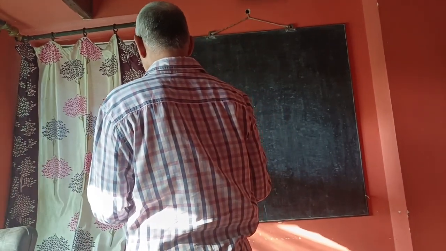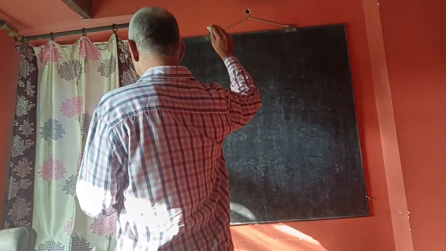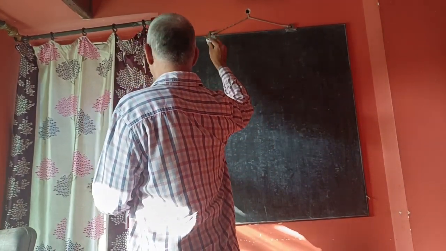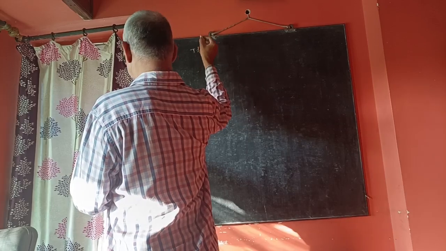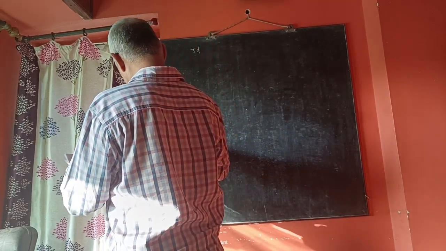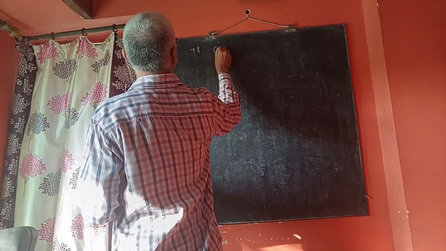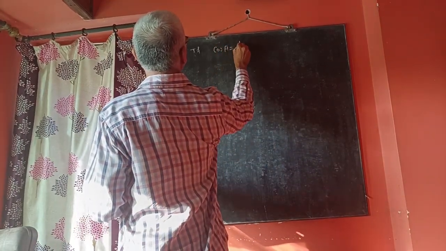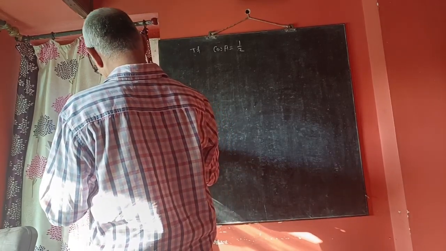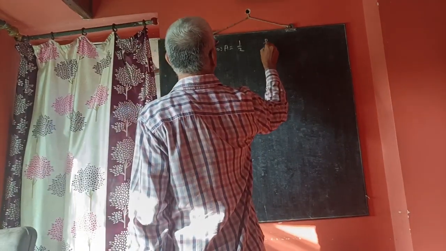We'll take one more problem. If cos A equals 1 upon 2, find cos 3A.